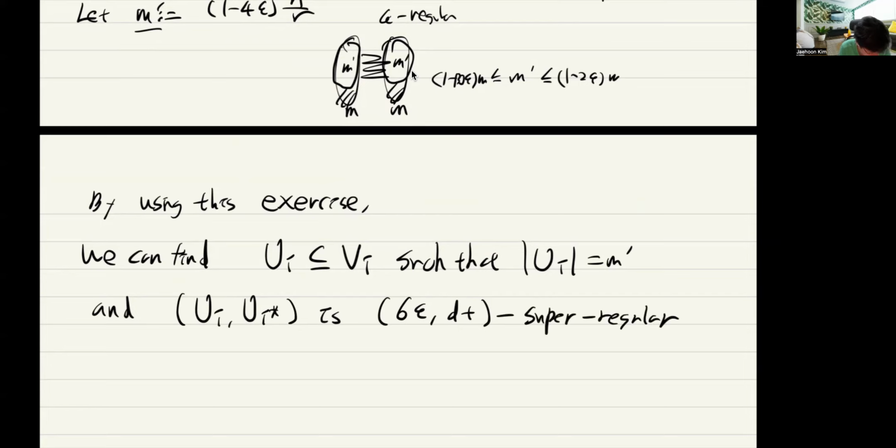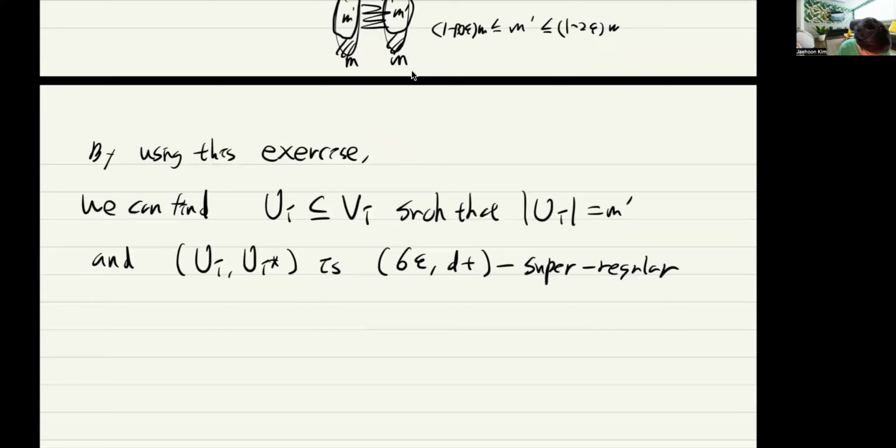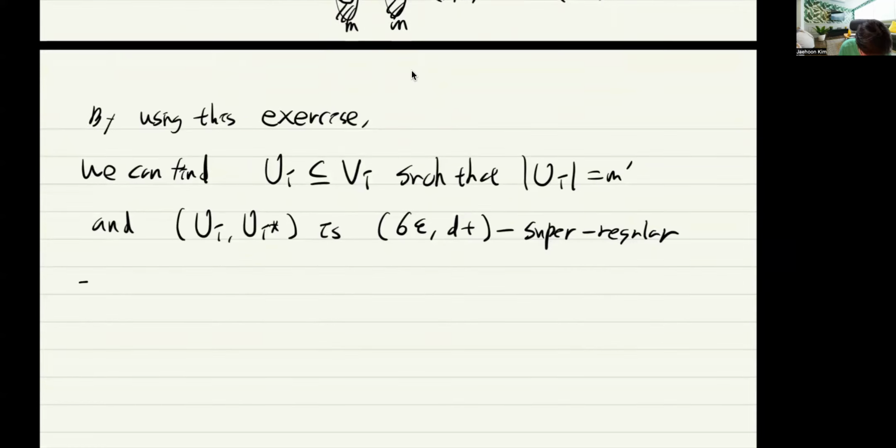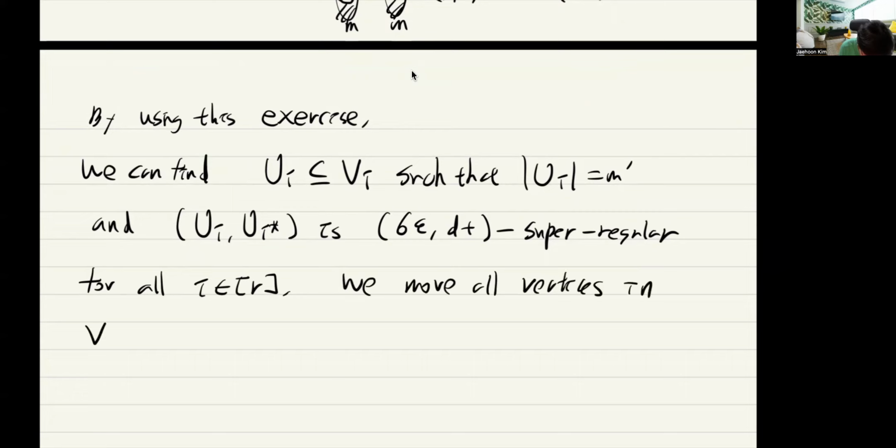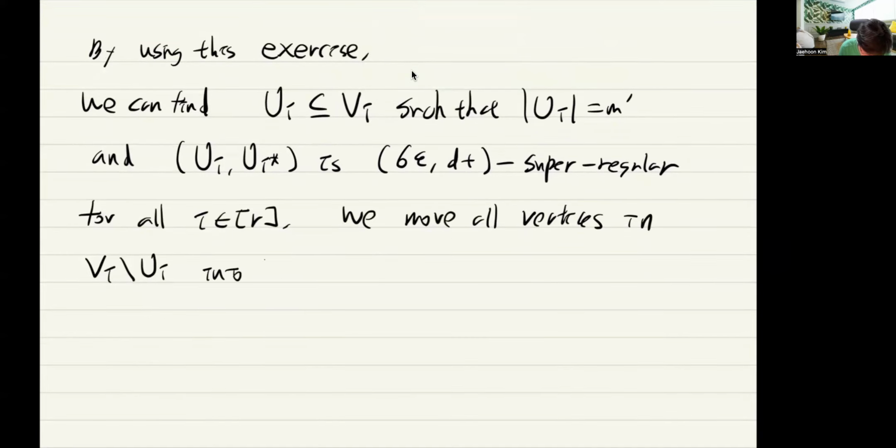So this is 6 epsilon regular with density bigger than d, and the minimum degree is at least like d over 2 times m prime, for all i. And we move all vertices not included in the U_i into V0.